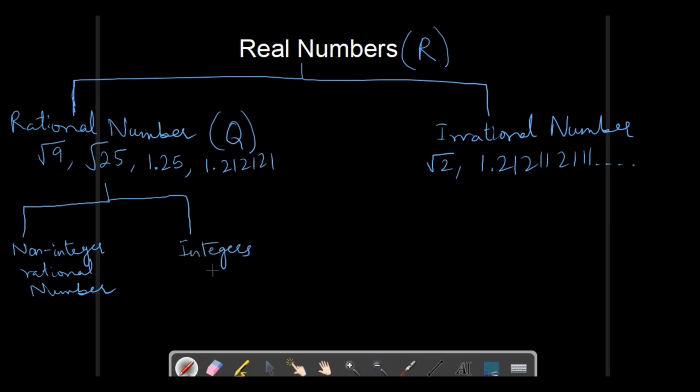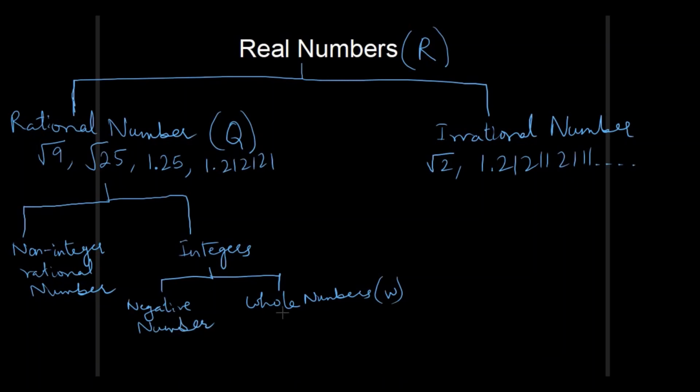Further, these integers are classified as, you all know, integers are nothing but whole numbers plus negative integers or negative numbers. Further, this whole number consists of 0 and the natural numbers.